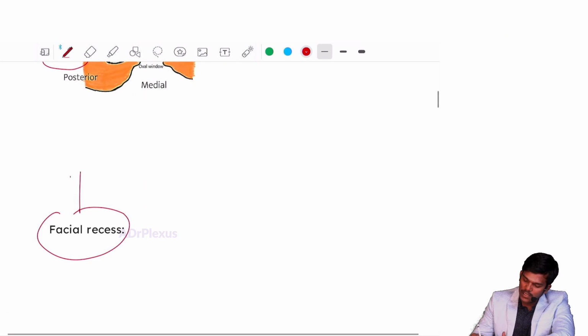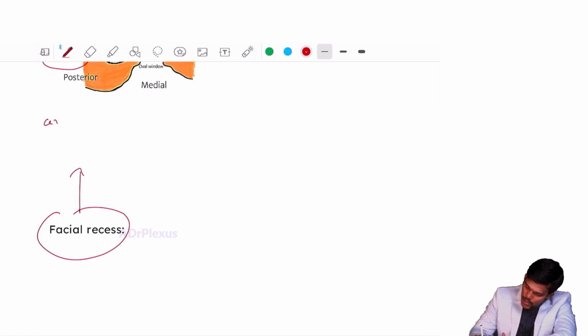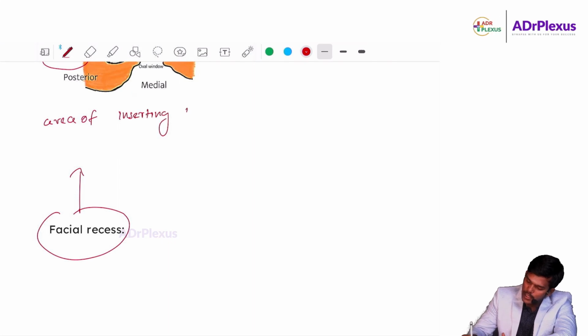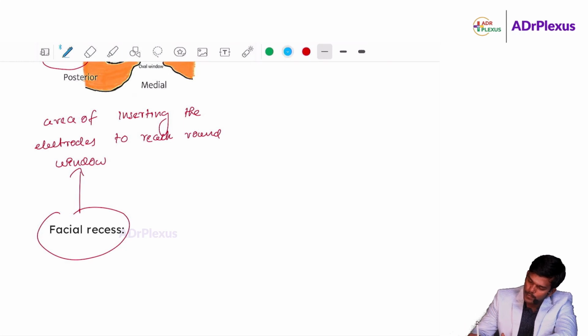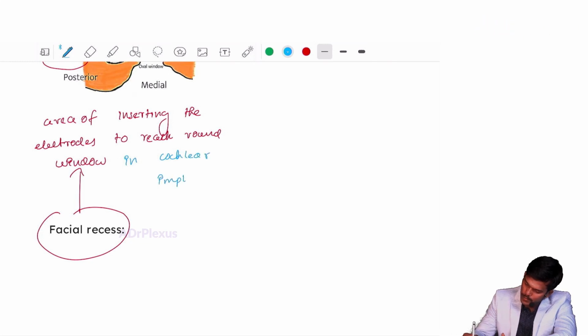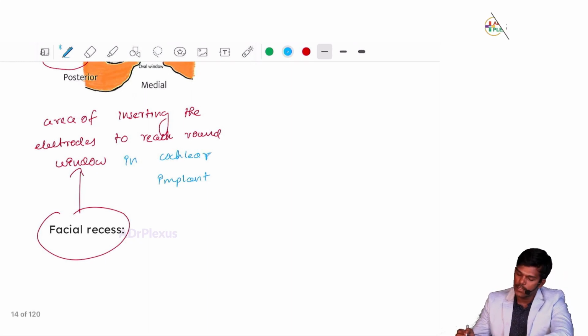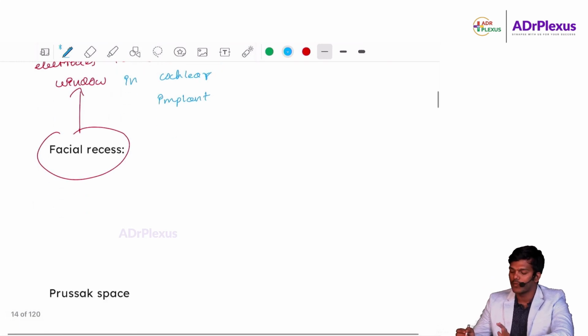First we start with the facial recess. What is the clinical significance of facial recess? This is the area of inserting the electrodes to reach the round window in cochlear implant. Whereas what are the boundaries of the facial recess, which is very important.